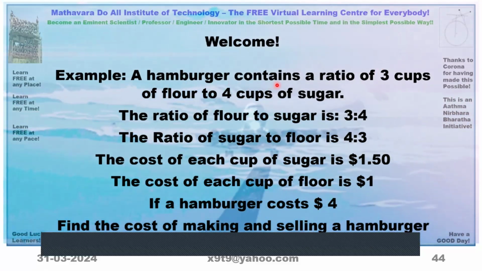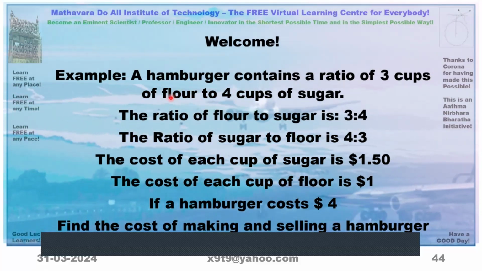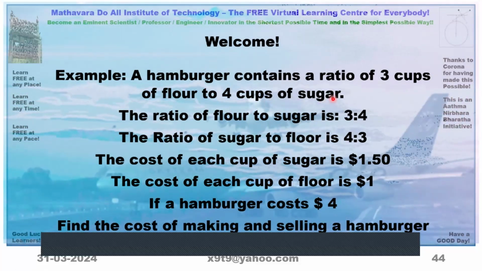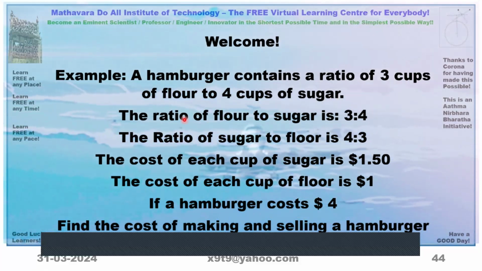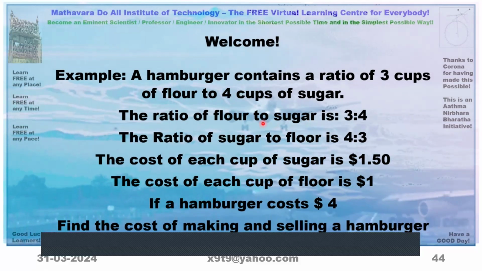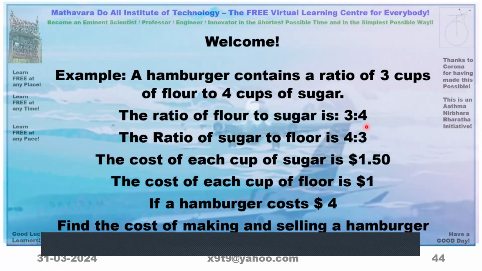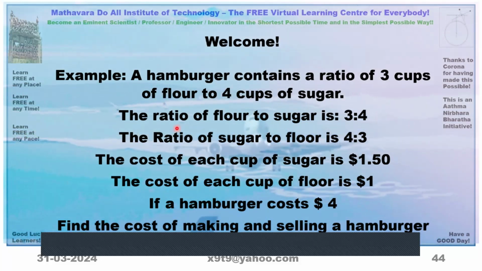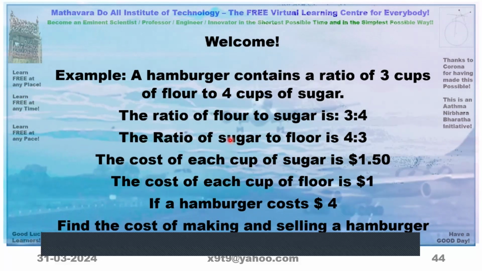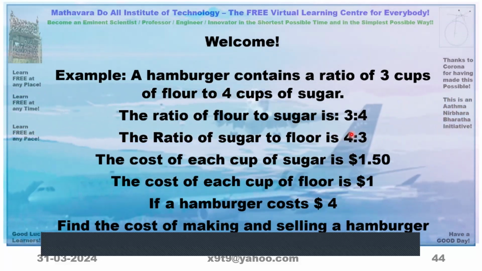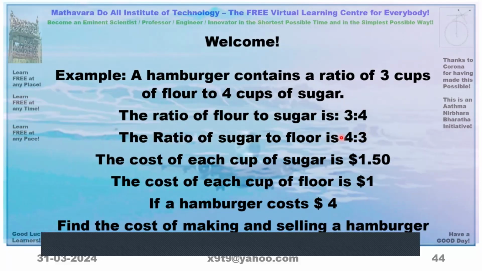The first item is flour, the second is sugar. So the ratio of flour to sugar: flour must come first, then sugar next. So it is 3 to 4. The ratio of sugar to flour: now sugar must come first, flour next. So it is 4 to 3.